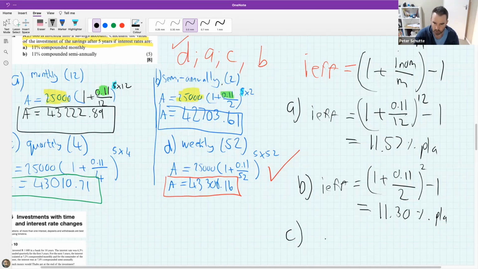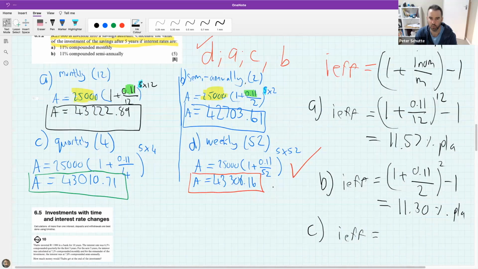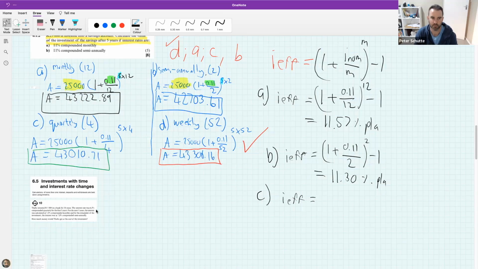So what I want you to do is calculate for me the effective rate for C, and I want you to do this all by yourself. I'm taking away some of my help. Can you work out what the effective rate is for C when you compound quarterly?